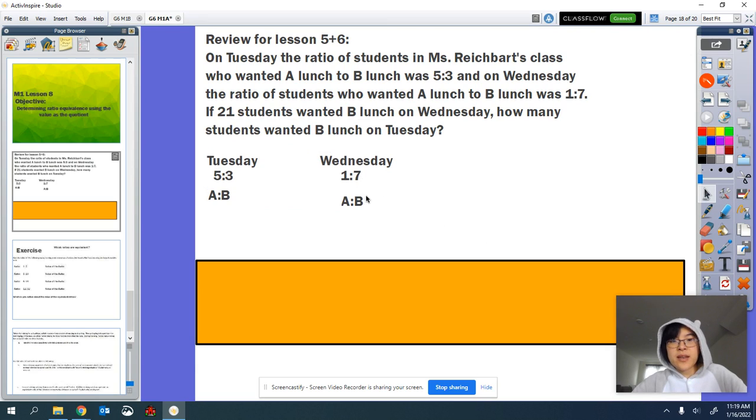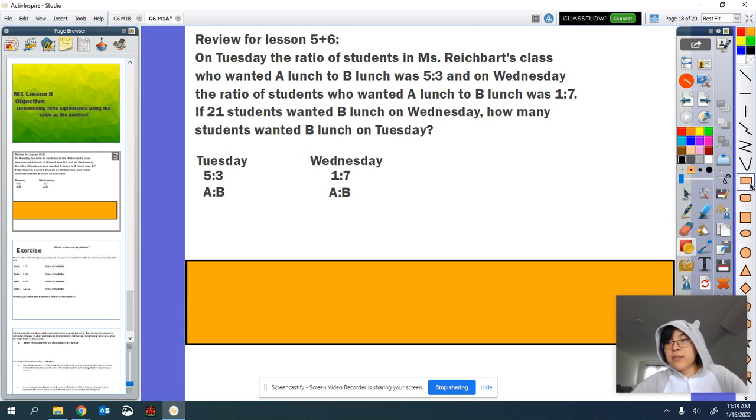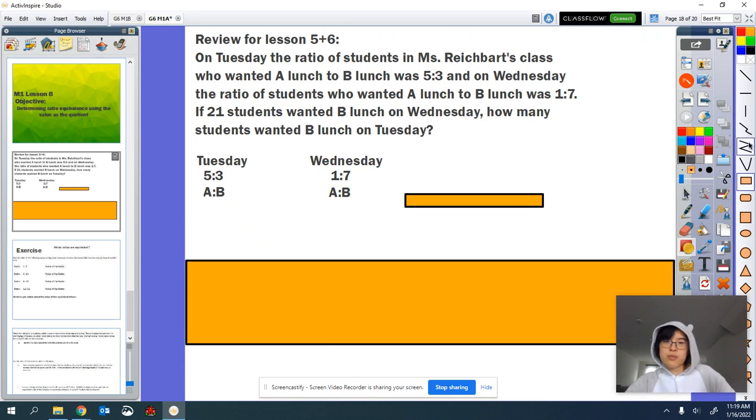There's the 7 is B lunch on Wednesday. If this 7 represents 21 students, if I were to imagine a tape diagram, that's 7 boxes that represent 21. How much does each box represent? So it's 7 to 1.